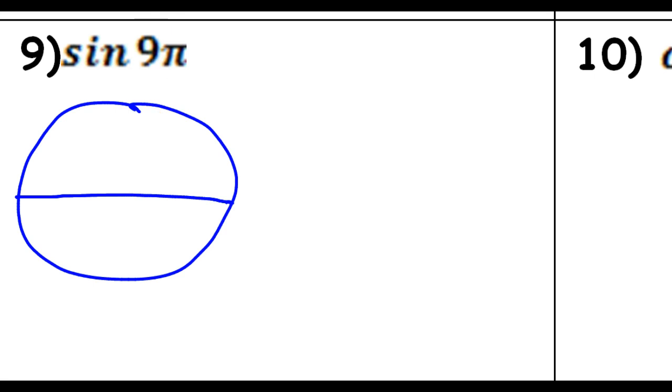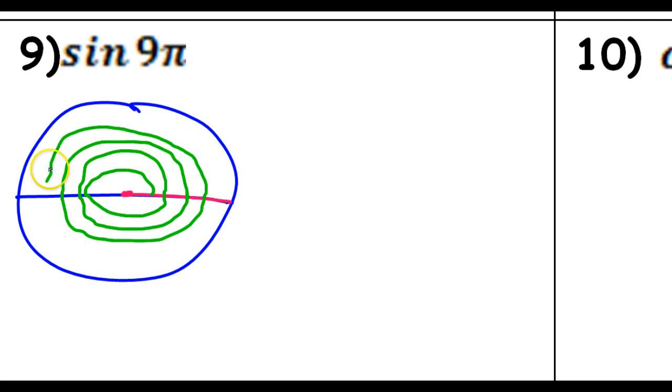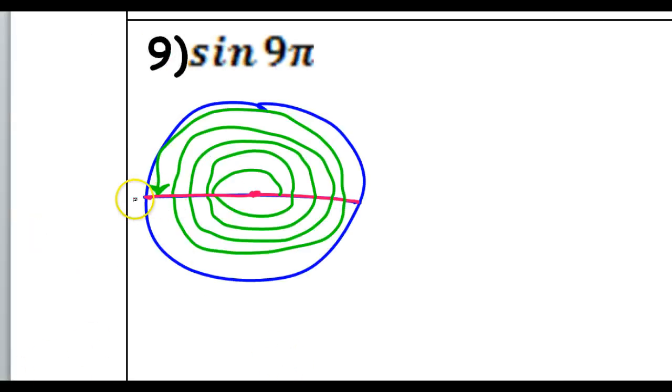If I were to start in standard position, starting from right here, just count with me: that's 1 pi, 2 pi, 3 pi, 4 pi, 5 pi, 6 pi, 7 pi, 8 pi, 9 pi. Can you see that 9 pi is going to land at pi? It's going to land right here.